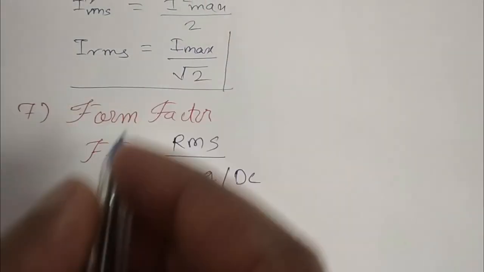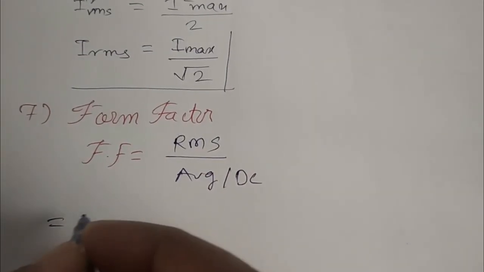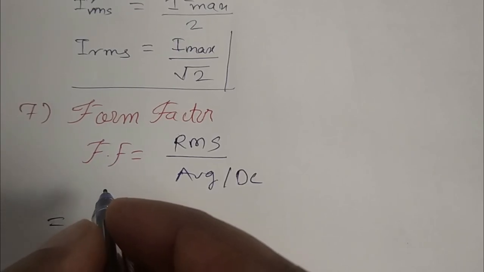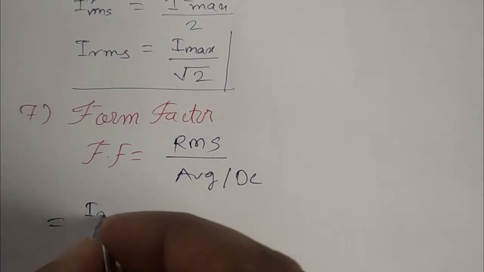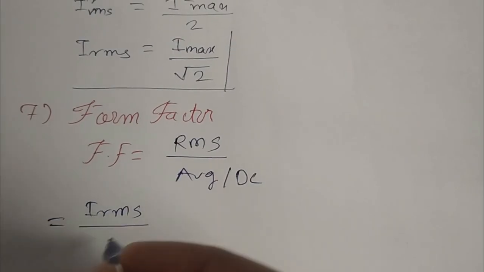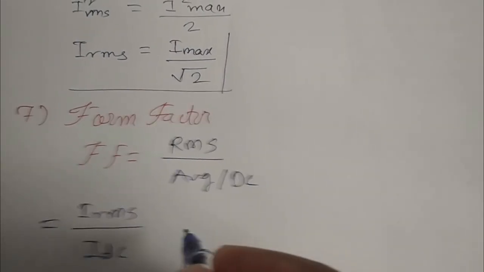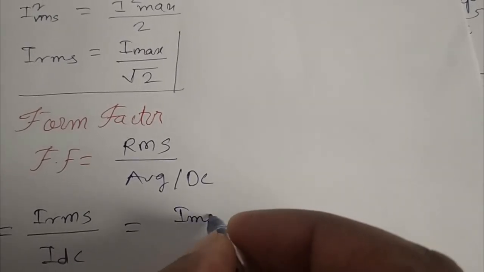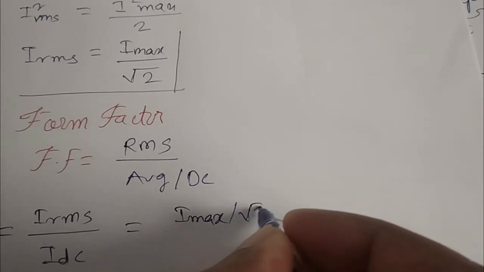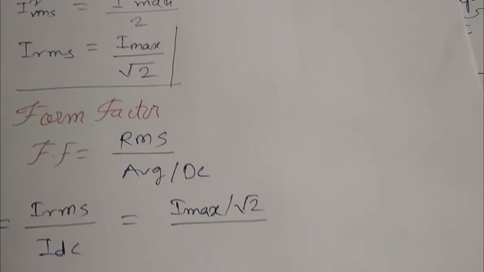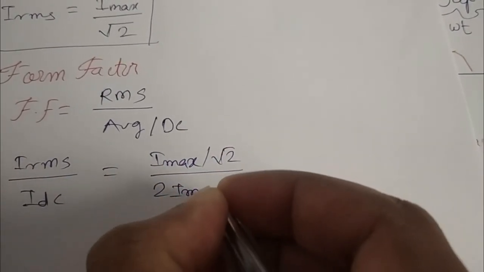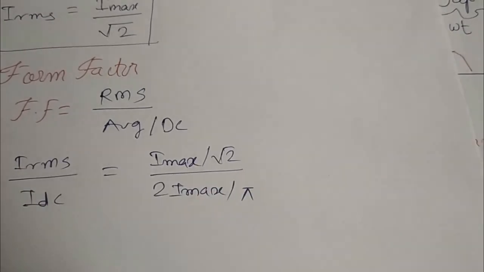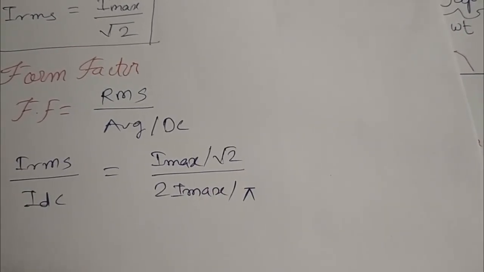Right, so we'll write down the expression already derived for RMS value and average value. So this is equal to IRMS divided by IDC. IRMS is I max by root 2 and IDC is 2 I max by pi.